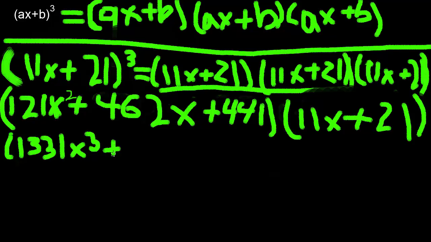Plus, now we're going to do 121x squared, the first term, and we do the first term again with the 21, so kind of a modified FOIL here.